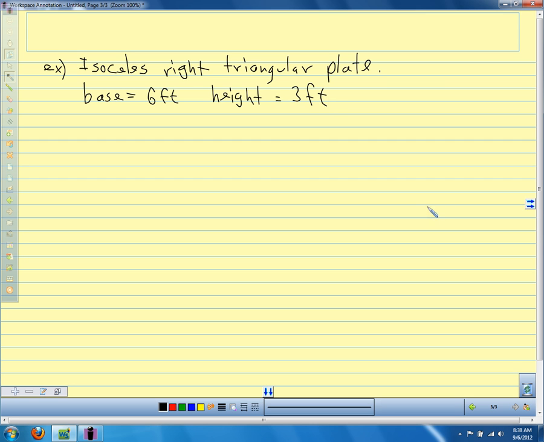It's submerged vertically base up, 2 feet below the surface of a pool. We want to find the force exerted against one side.